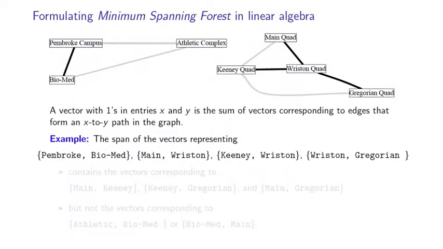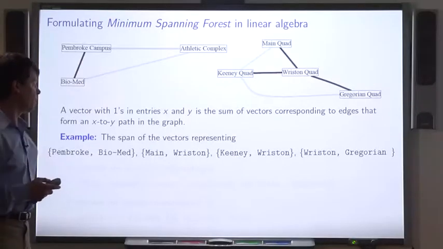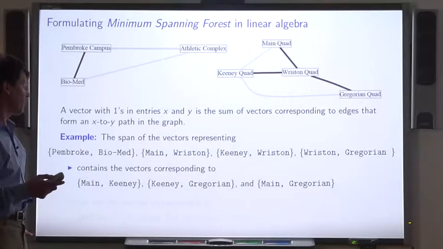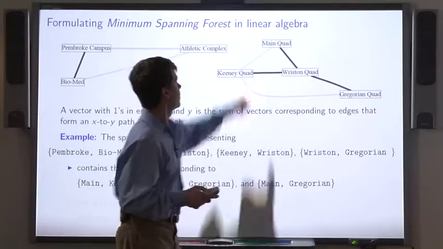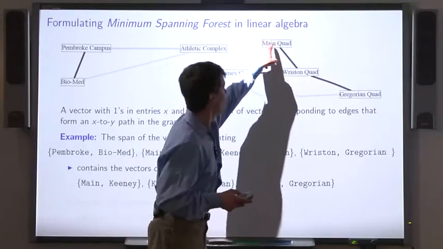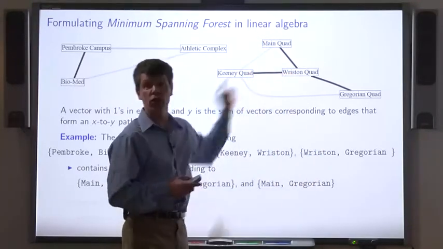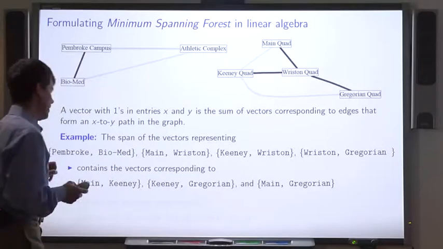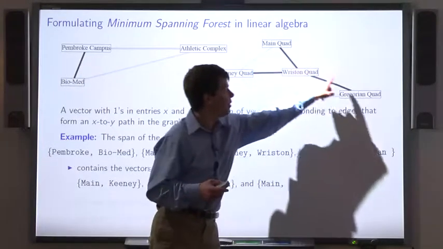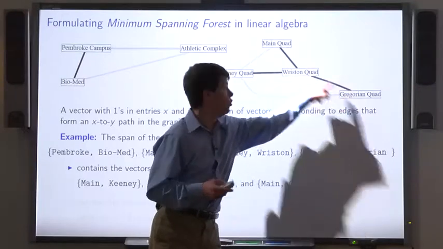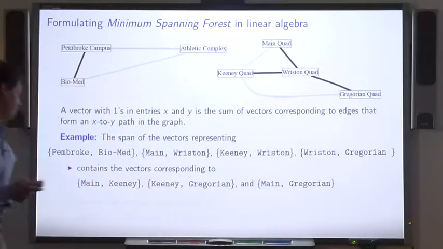Each of these sets represents one of the edges, shown in dark here. The span of the corresponding vectors contains, for example, the vector Main-Keeney, because there's a path from Main to Keeney using those dark edges. It contains the vector Keeney-Gregorian, because there's a path from Keeney to Gregorian using those edges.